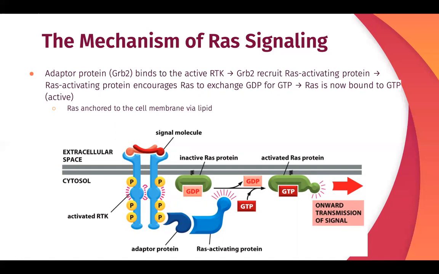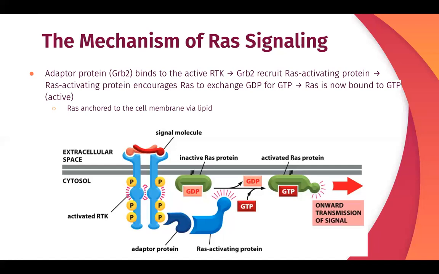So it binds to the phosphorylated tyrosine at the SH2 domain, and it recruits the RAS activating protein, which is in light blue right here. So the RAS activating protein is a RAS-GEF, also known as SOS, son of sevenless. And if you remember, a GEF is a guanine exchange factor, and that causes RAS to change conformations and exchange GDP for GTP.